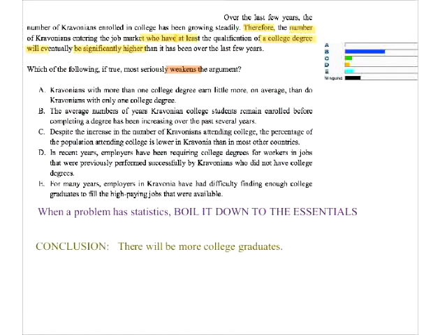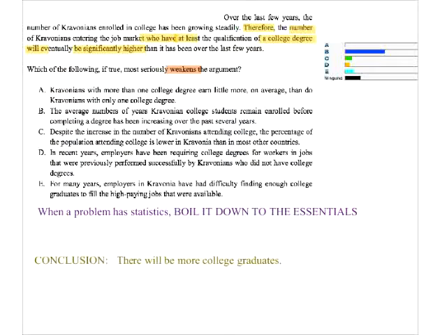Entering the job market is not something we really have to worry about, because that's by definition what college graduates do: they enter the job market. So, how about that? But the premise of this argument is that the number of students enrolled has been going up.